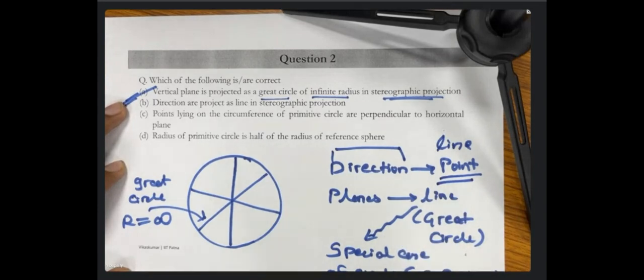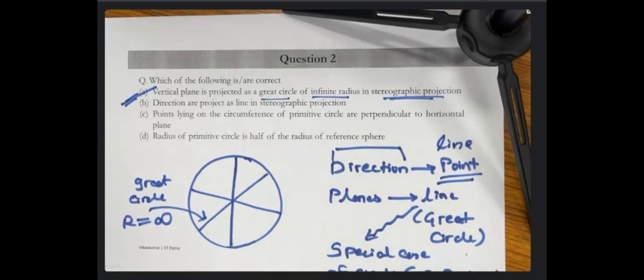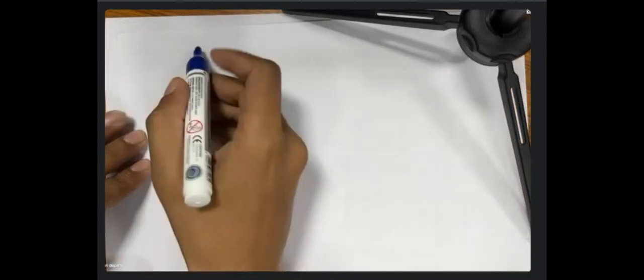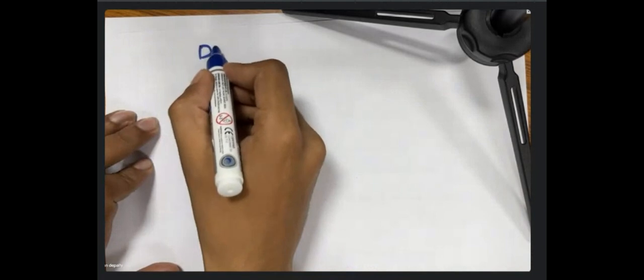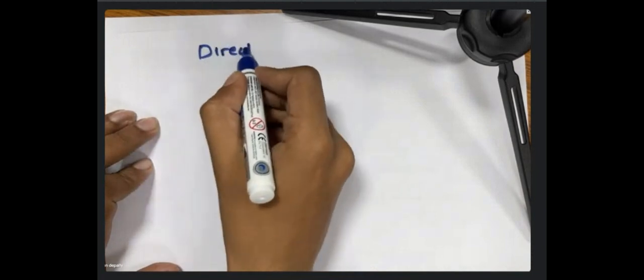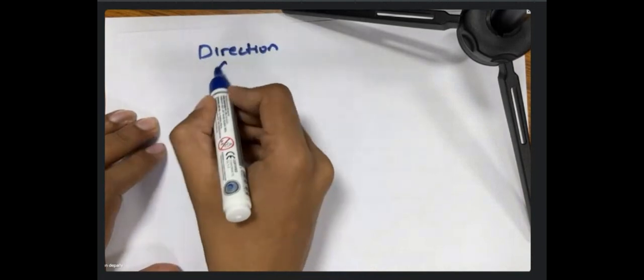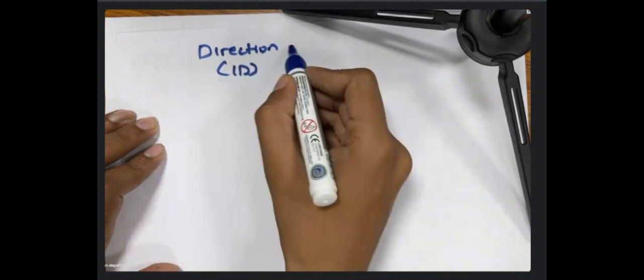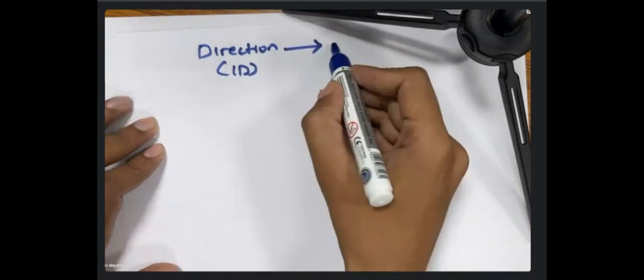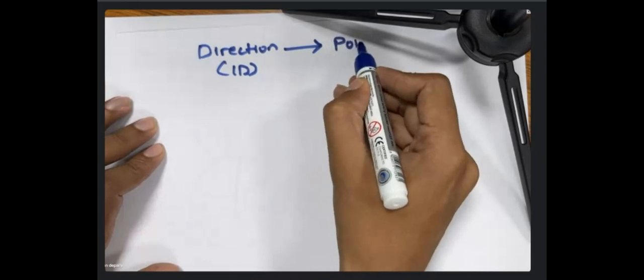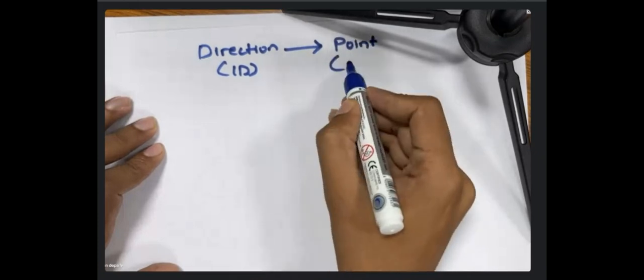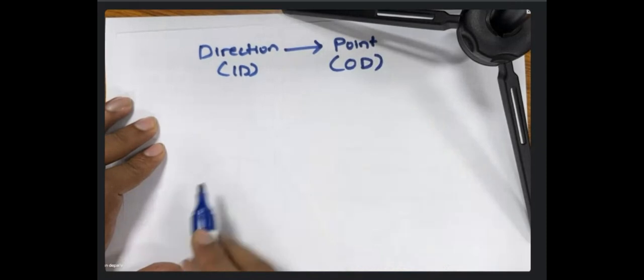If we note down the dimensions, let's do it over here. A direction is 1D. In the stereograph, it will be presented as a point, which is 0 dimension, so the dimensionality has reduced by 1.